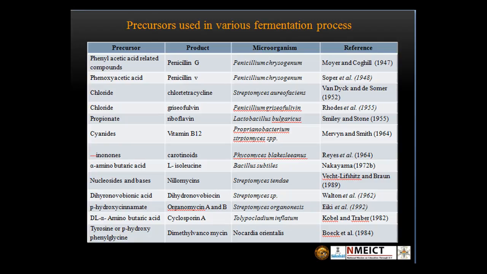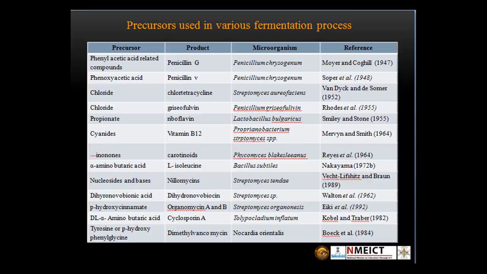The following table shows some important precursors useful in fermentation processes. For example, phenylacetic acid and other related compounds are used for the production of penicillin G. Phenoxyacetic acid is used as a precursor for the production of penicillin V. Chloride is used as a precursor for the production of chlorotetracycline.